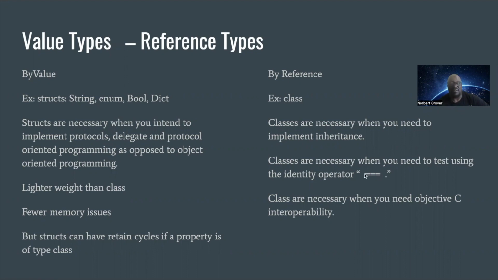The identity operator tests if two instances of a particular class are pointing to the same space in memory, because they may not. Okay. Classes are also necessary when you need Objective-C interoperability. Yes, there's a lot of functionality here that requires Objective-C interoperability, third-party frameworks, stuff like that.